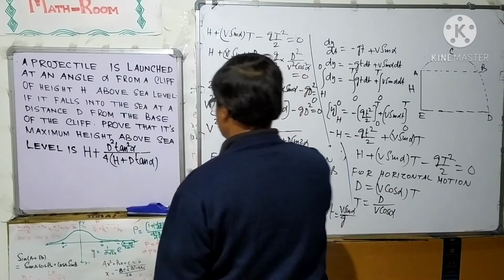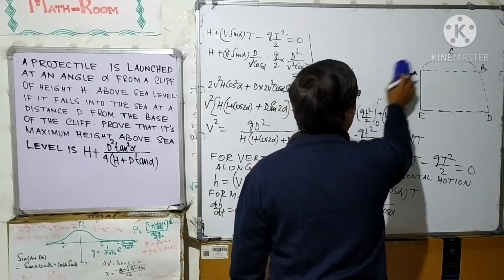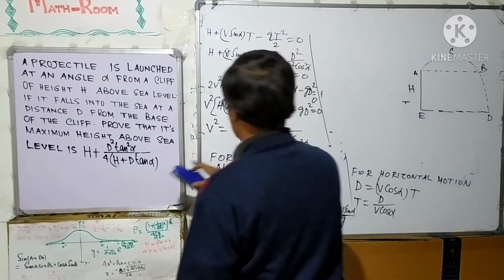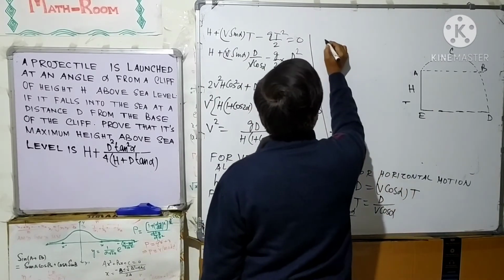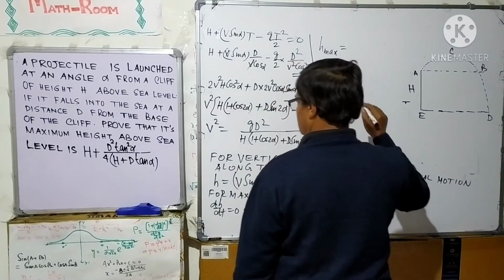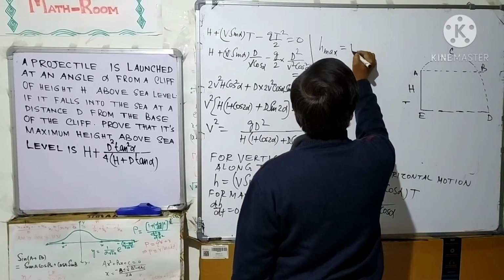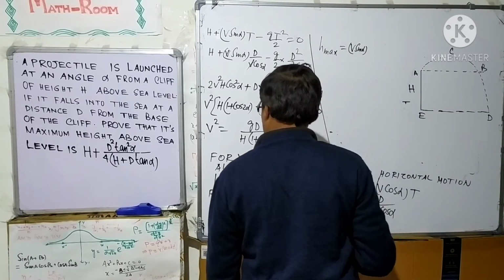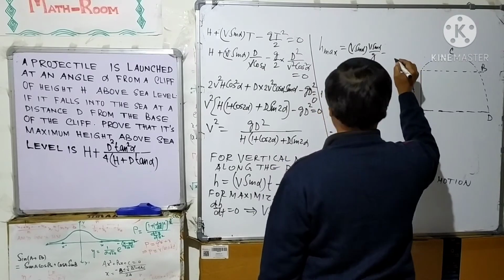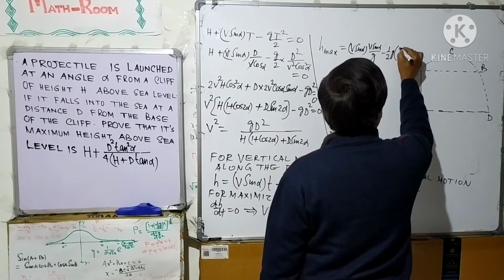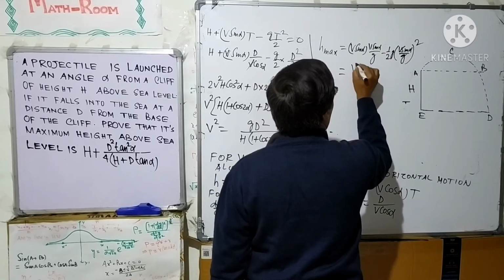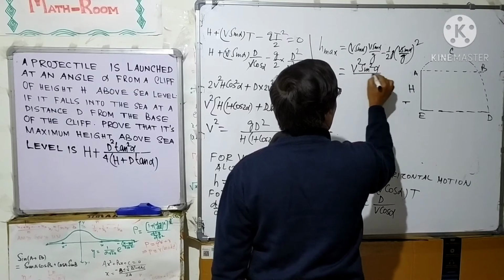So, maximum height, that is h max, equal to V sin alpha, time of maximization is V sin alpha over g, minus half g into V sin alpha over g square, that is V square sin square alpha over 2g.